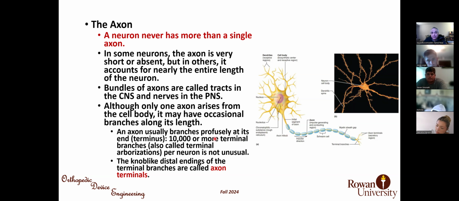Sometimes one axon can have 10,000 branches. It means it can attach to up to 10,000 other cells. The ends of these axonic branches are called axon terminals.